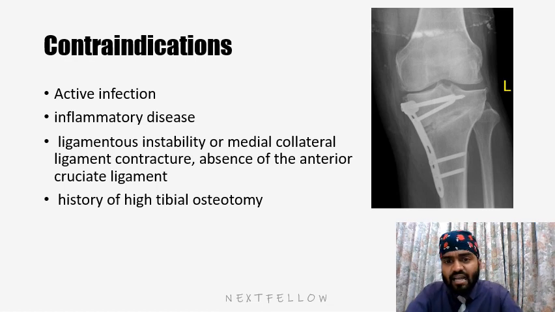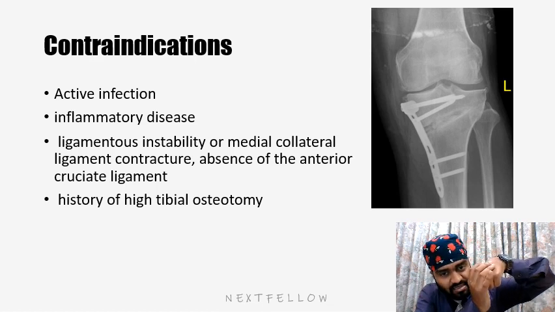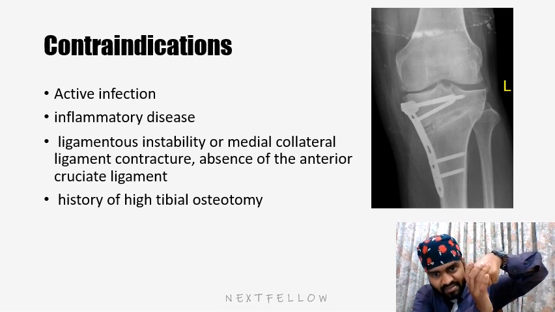Now, what is this high tibial osteotomy? High tibial osteotomy was, or rather, I would say, is still a soft tissue procedure. Well, it is not entirely a soft tissue procedure. What happens in this is the condition is the same, that is, the medial compartment arthritis.